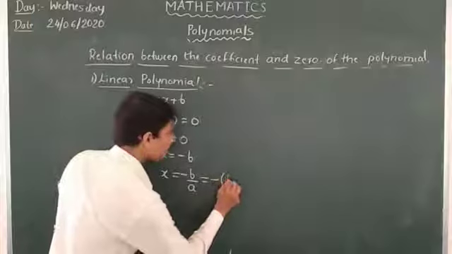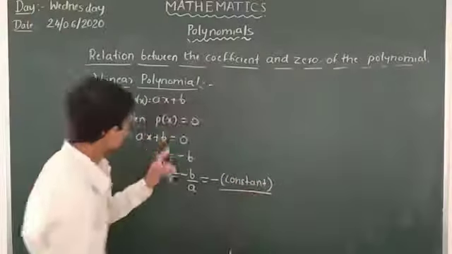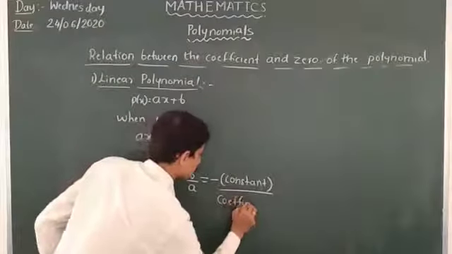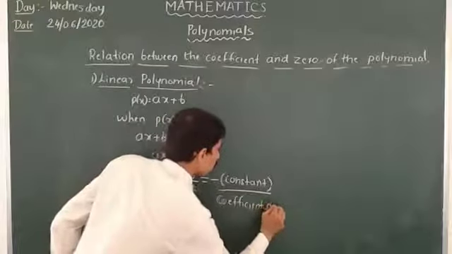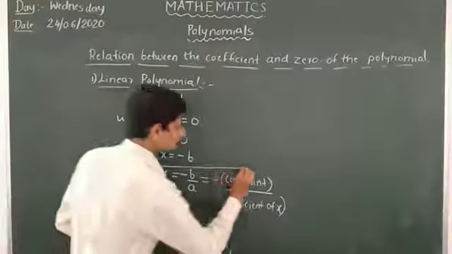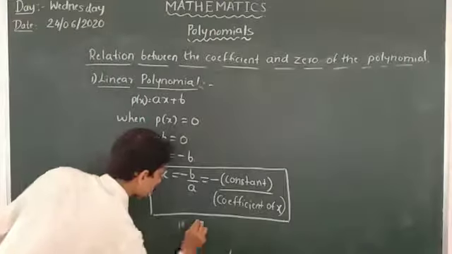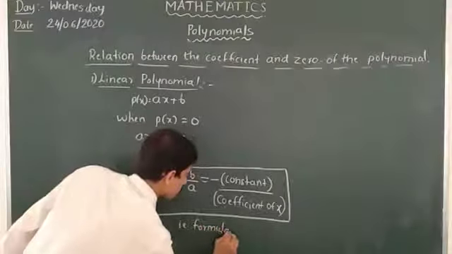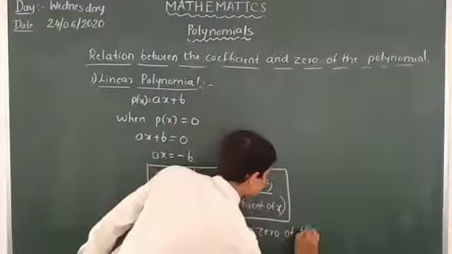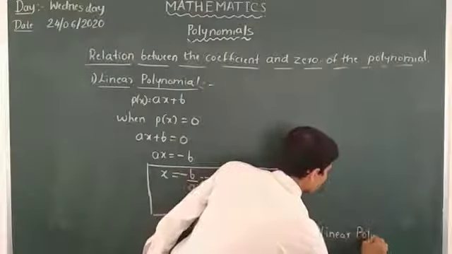So it is minus of the constant term divided by the coefficient of x. This is the formula for the 0 of the linear polynomial.